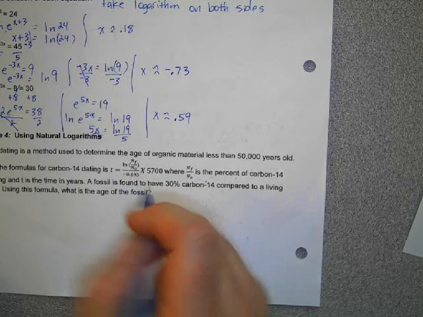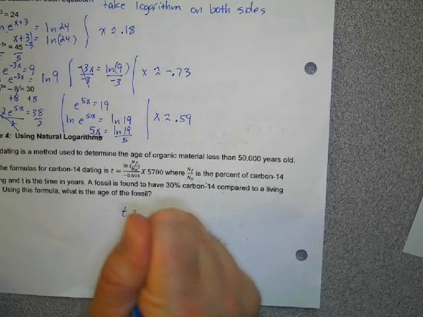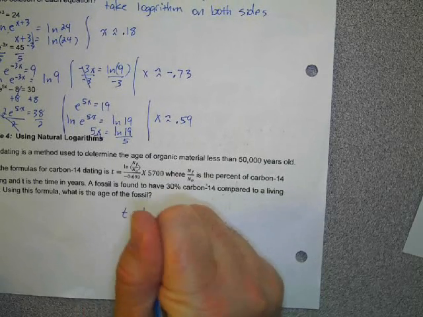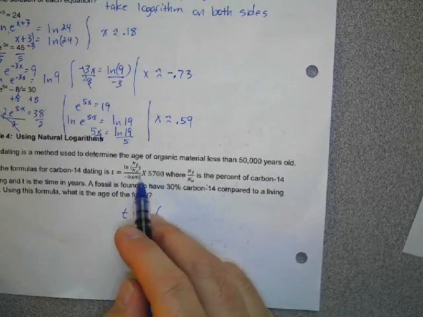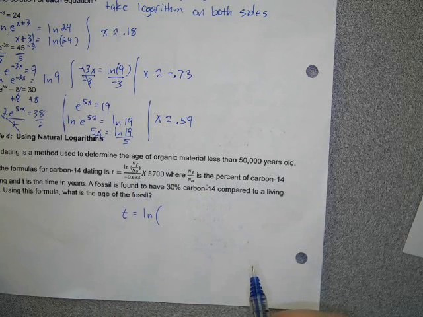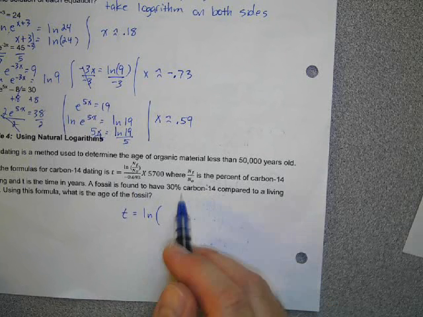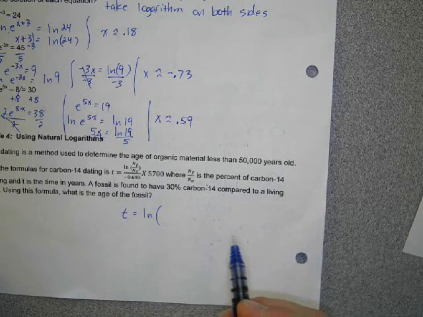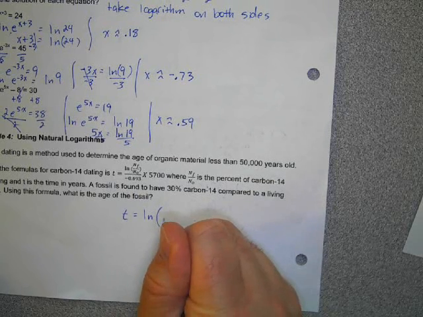So N sub F divided by N sub 0 represents the percent of carbon-14 remaining in the fossil. So in this case it's 30%. So you have to write that as a decimal first. So write that as 0.3. Put in your denominator.